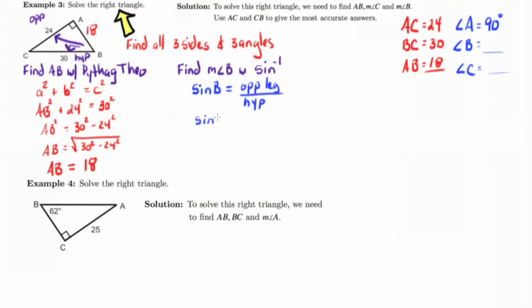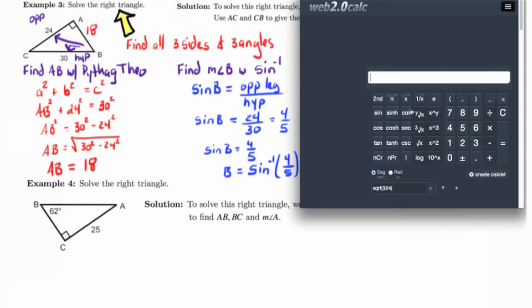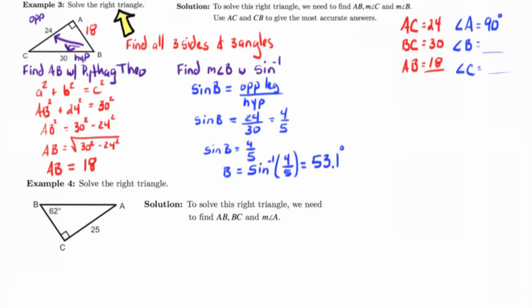So sine of B equals the opposite leg over hypotenuse. Sine of B equals 24 over 30. And if I take the inverse sine of both sides, or the inverse sine of 4/5, make sure you include 4/5 inside the function in the parentheses, and I get 53.13 degrees, or 53.1. So I'm going to label that.